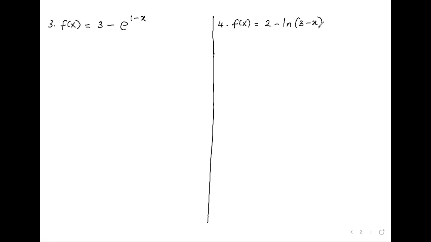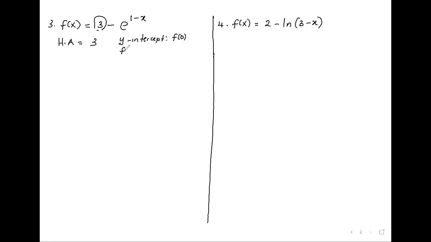Okay, so let's start with the exponential one. We find the horizontal asymptote, which is equal to this number here, 3. And then we find the y-intercept, which is f of 0.